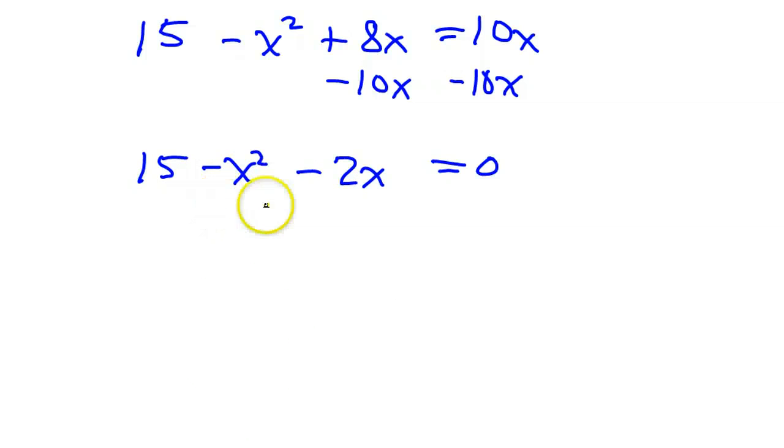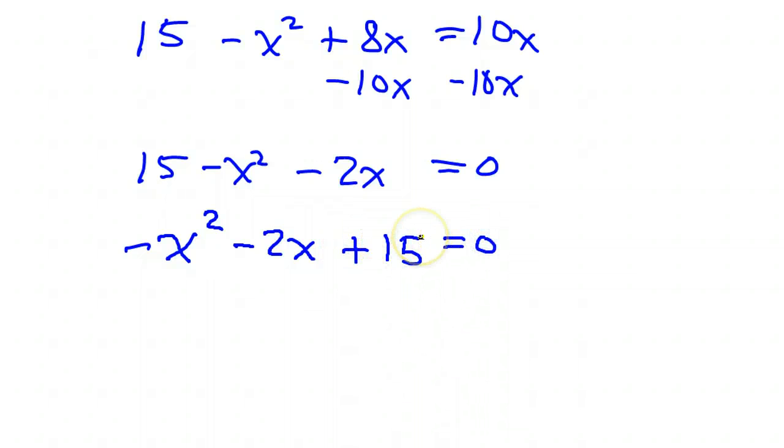But these terms are out of order, so I need to rewrite these in the standard form. So that's going to give me, in standard form, this would be negative x squared minus 2x plus 15 is equal to 0.